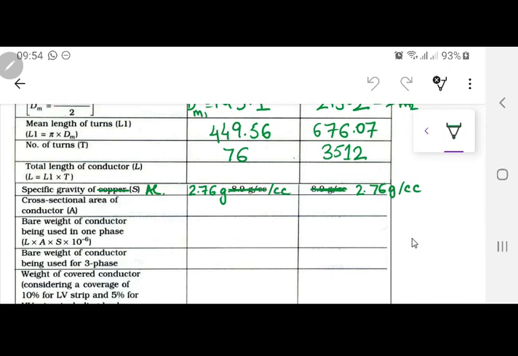This will give me the total length of the conductor. 34166.56. Next one please.